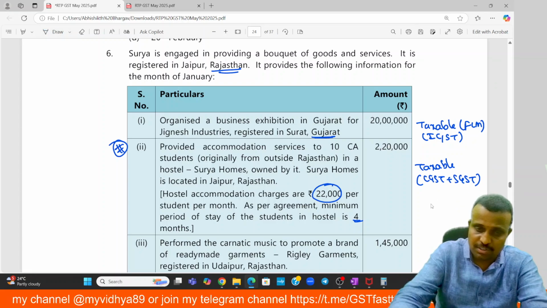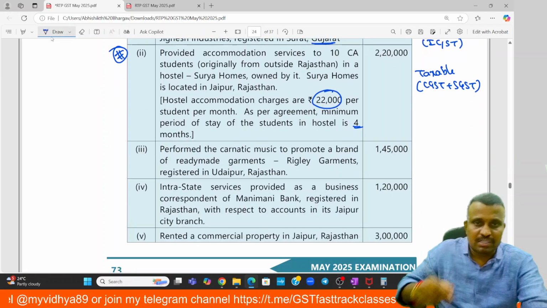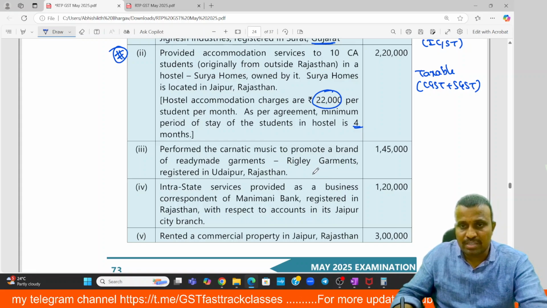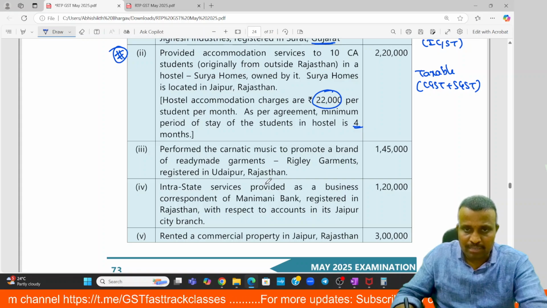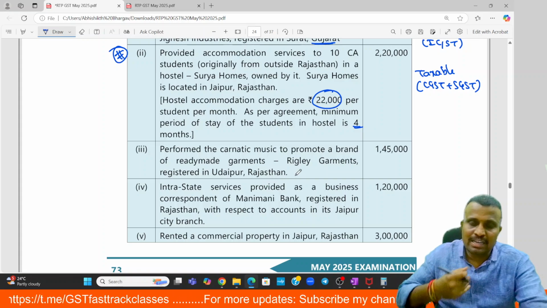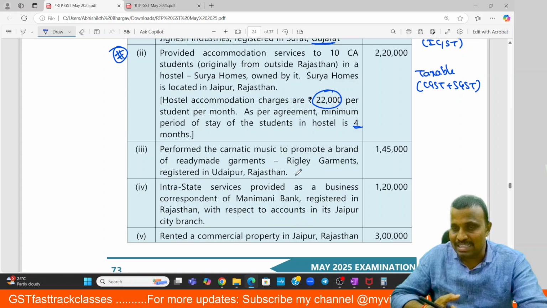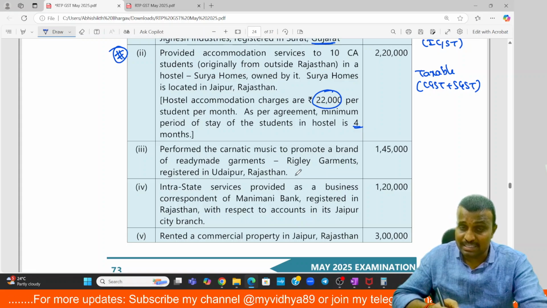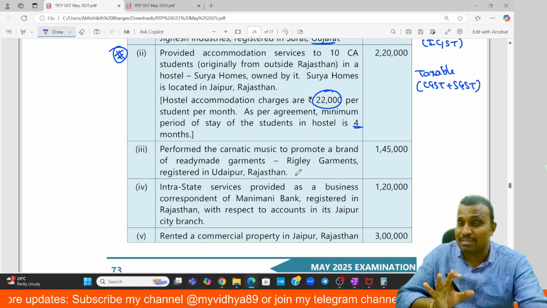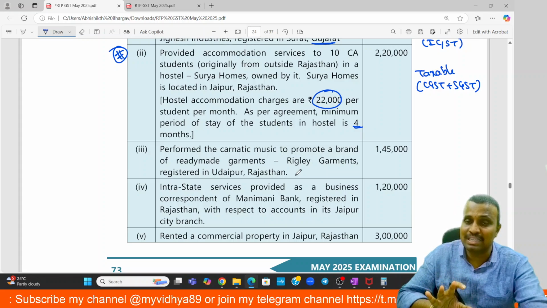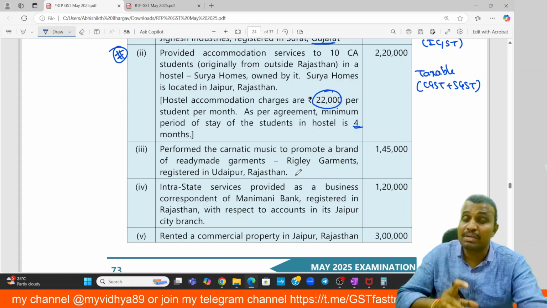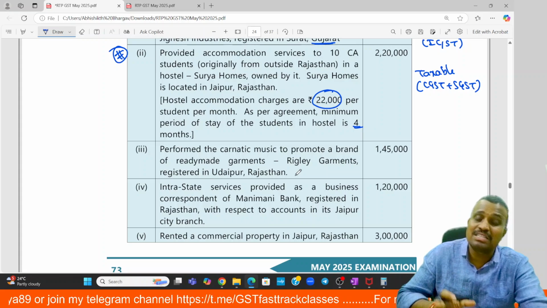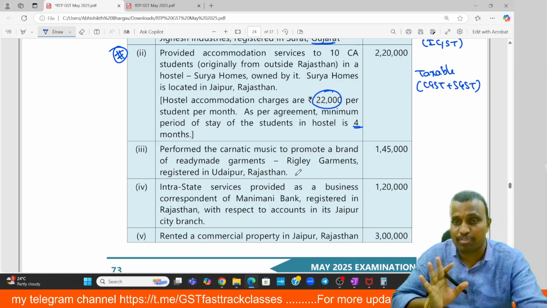Okay. Next, the third one. Performed Carnatic music to promote the brand for ready-made garments. Wrigley Garments is registered in Udaipur, Rajasthan. Any classical music or classical dance performed by the party is covered under exemption, but here it is taxable because the party performing the classical dance, Carnatic, is doing it to promote the brand, even though the consideration collected is less than or equal to 1,50,000.